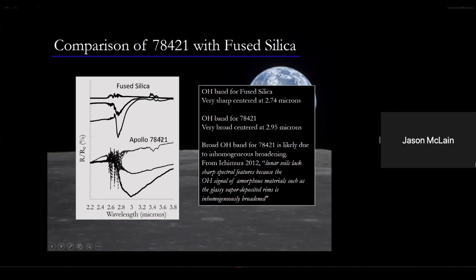So now we look at the Apollo sample, and we get quite a different result. This is very similar to what Ichimura saw. And for a while there I was skeptical, but you definitely see that there's a large difference between the Apollo sample band at 2.7, and here it's broad, going all the way to almost 3.8 microns.